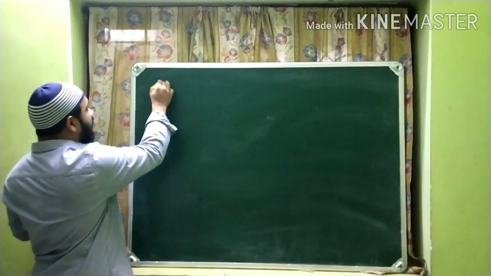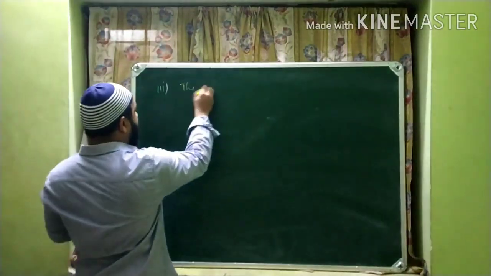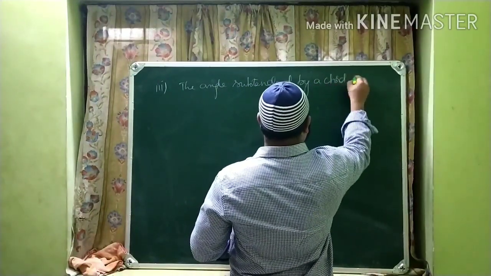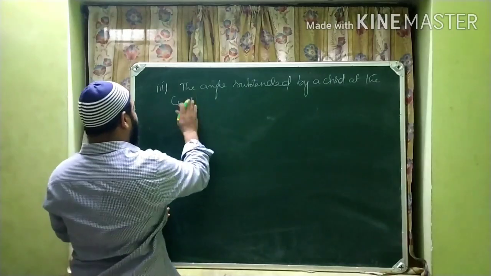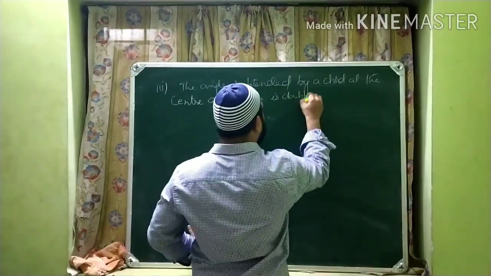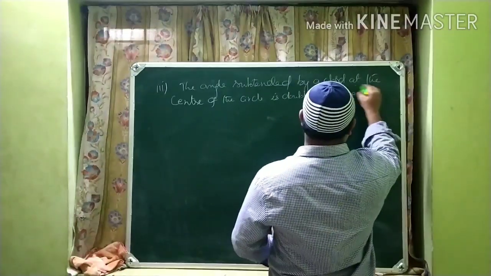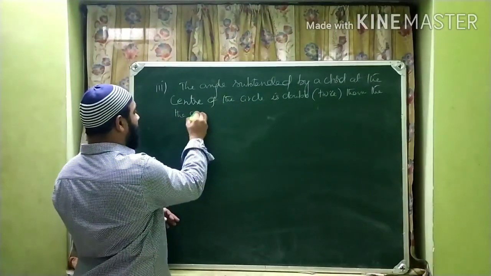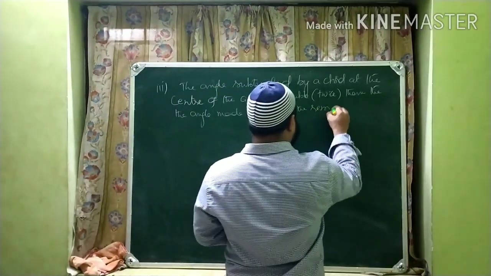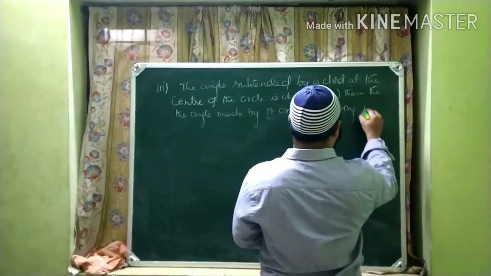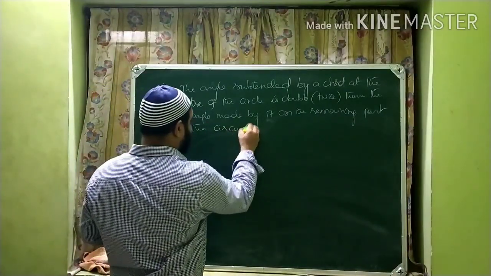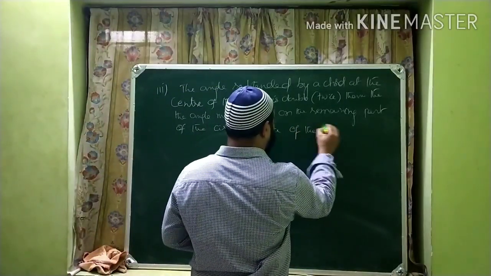Likewise, what did we discuss before? Third is the angle subtended by a chord at the center of the circle is double or twice the angle made by it on the remaining part of the circumference of the circle.